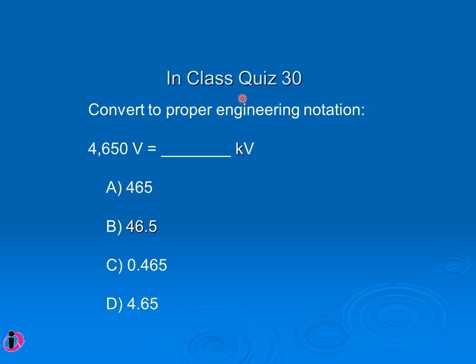Because this is base, that means the power is 10 to the 0, and you are making it 10 to the 3. Power is increased, so the number will be decreased, right? So that means the decimal point will move 3 positions to the left. That becomes 4.65. Right answer is D.